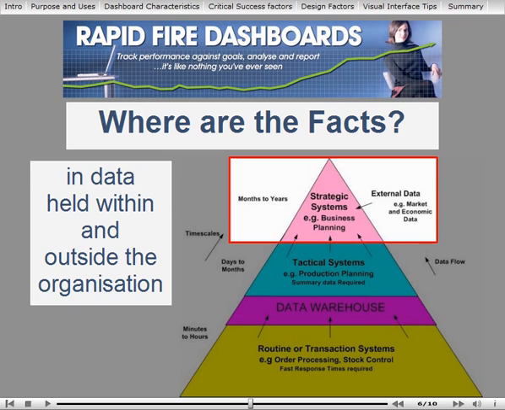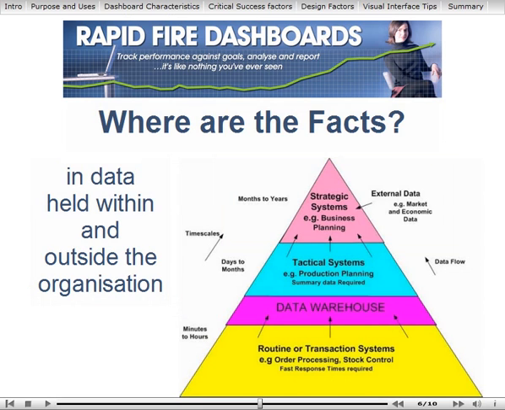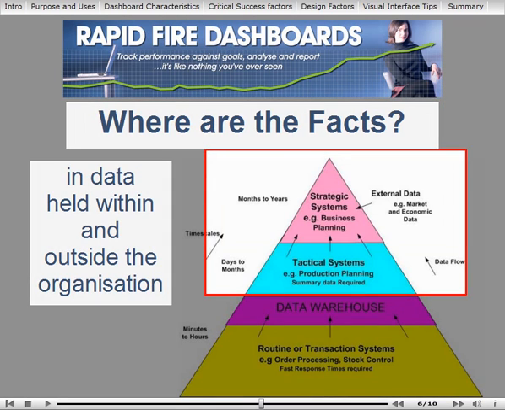These operate from months to years and not only use internal data but external data, for example on the market and on the economy. The top two system areas, strategic and tactical systems, are designed to support information systems where flexibility and questioning is the important thing rather than performance, unlike the routine and transaction systems at the base where performance is vital.